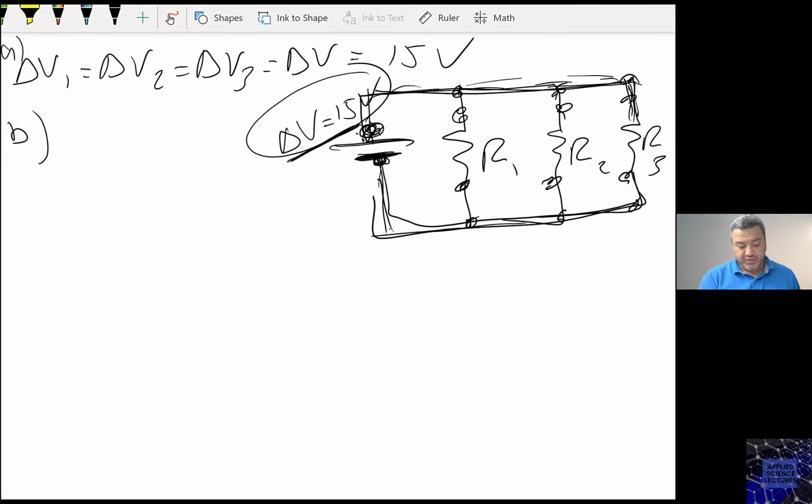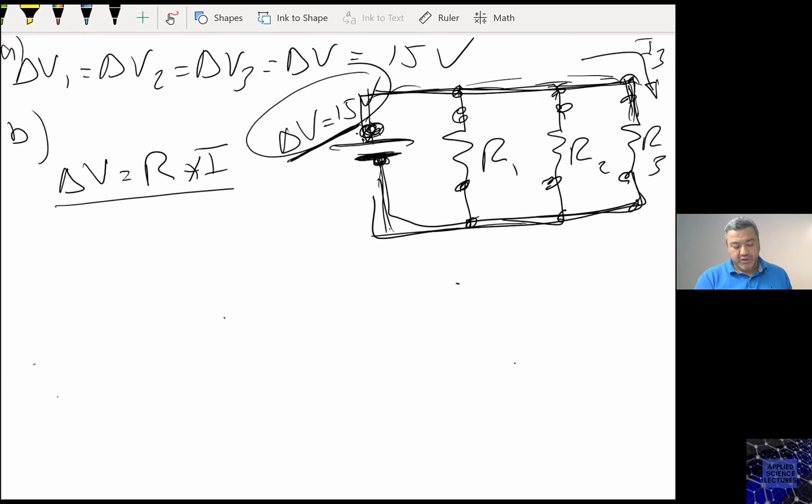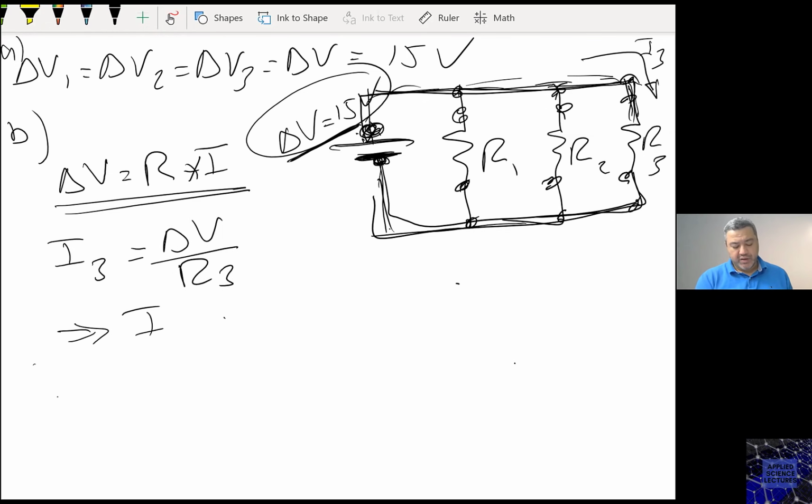As you remember, Ohm's law says delta V equals R times I. So if I need the current through R3, using Ohm's law, I3 equals delta V divided by R3, and in this case, I3 equals 15 divided by R3, which is 150, and then I3 equals 0.1 ampere.